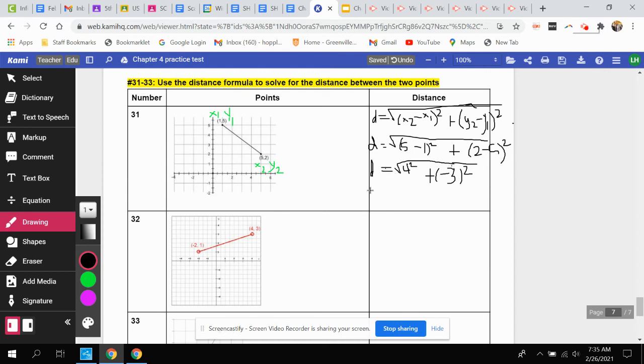Now we can solve the squares. 4 squared is 16, plus negative 3 squared, which is like saying negative 3 times negative 3. A negative times a negative turns positive, so it's 3 times 3, which is 9. So D equals the square root of 25, and I know that the square root of 25 is 5.